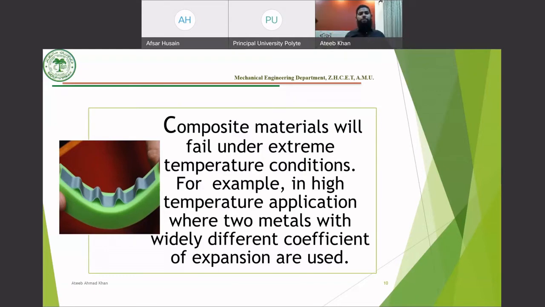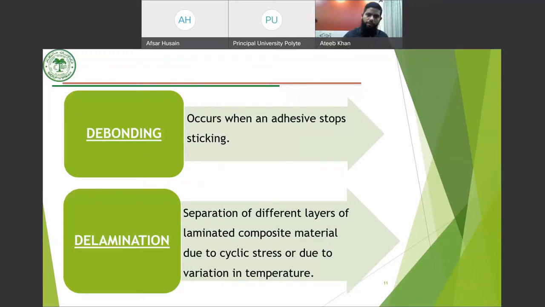And obviously, the strength which we have calculated for that particular laminated composite material is for when both the layers are acting together, or both the layers are carrying the load together. Once they are separated, the strength of the complete structure will drastically come down. Now, there are two types of problem with this composite material. The first one is debonding.